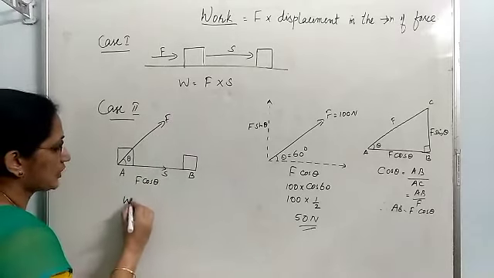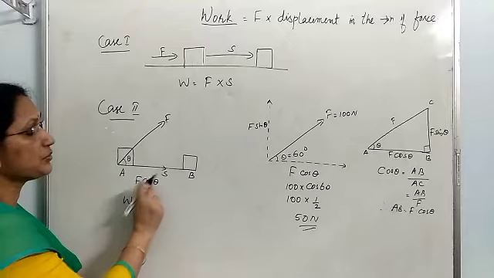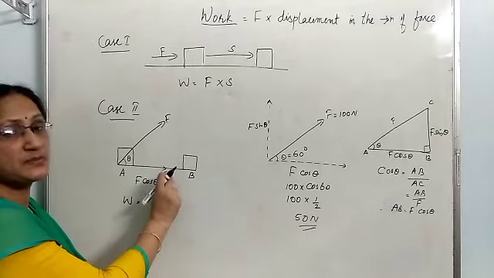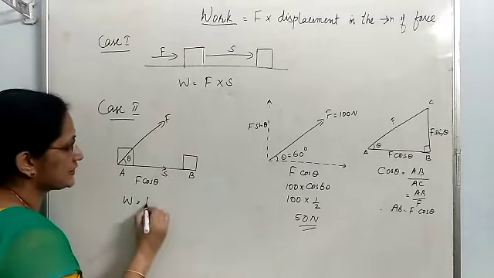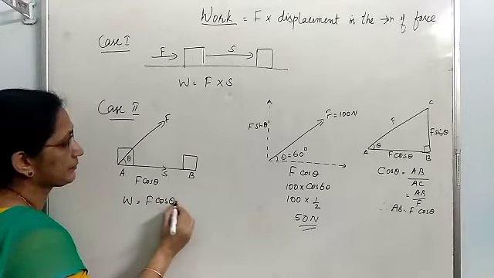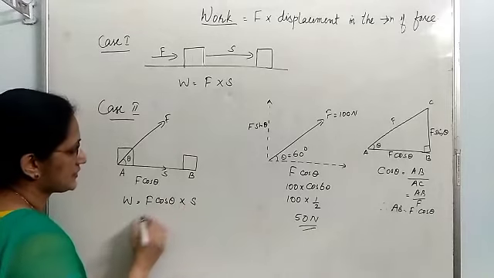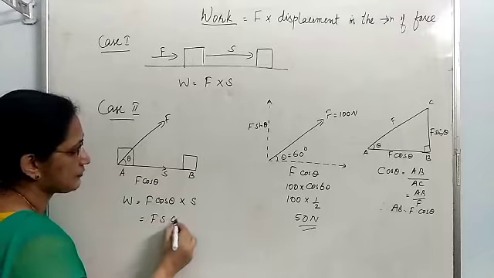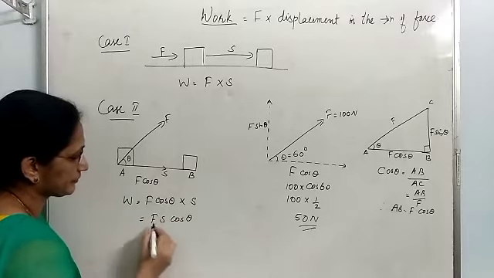So in this case work is force into displacement, both must be in the same direction. So the force here is F cos theta and displacement is S. So the formula for work is Fs cos theta.